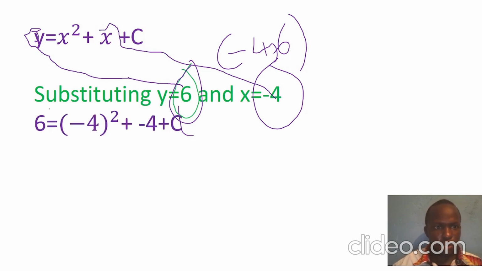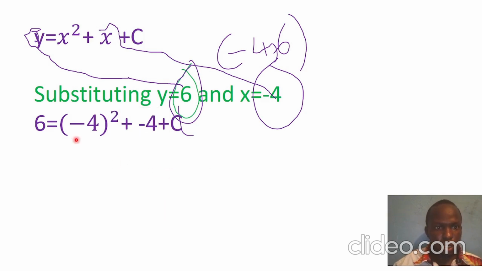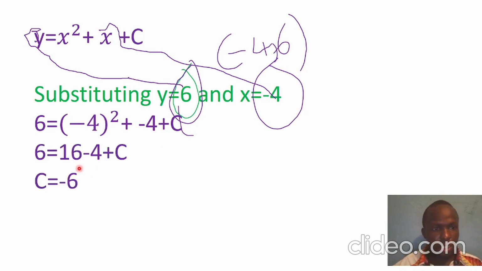So 6 is equal to (-4) squared plus (-4) plus c. The main idea here is to get c. After doing that, c is equal to negative 6.